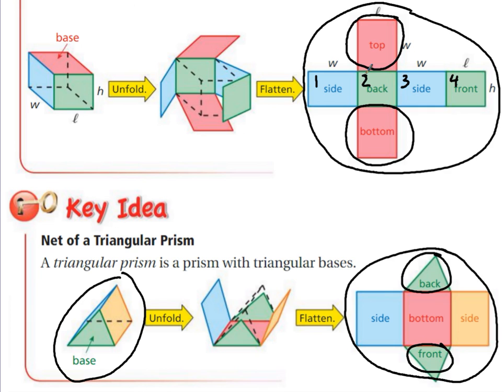If I look down below at my triangular prism, a triangle has 3 sides. If I take a look at the number of rectangles connecting those triangles, it matches the triangle's 3 sides. There's 3 rectangles. This is true of any prism. If I have a hexagonal prism, hexagons have 6 sides. I'm going to have the 2 hexagons, and connecting them would be 6 rectangles.